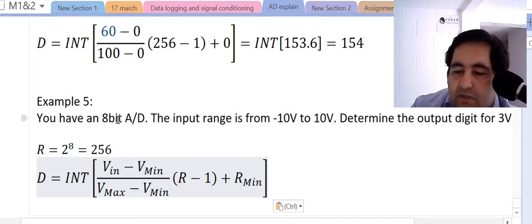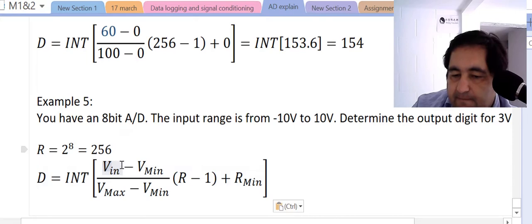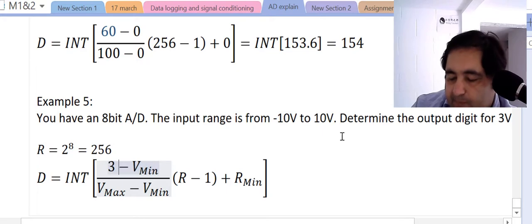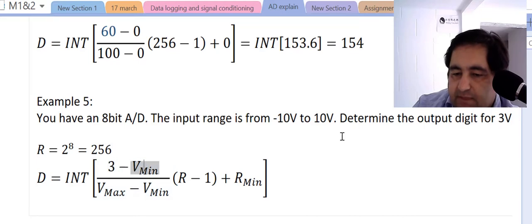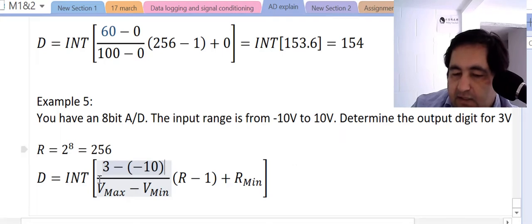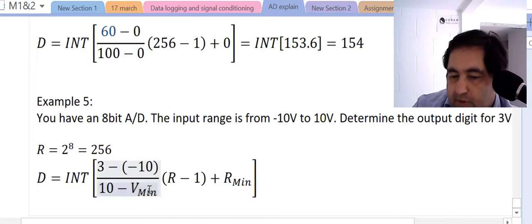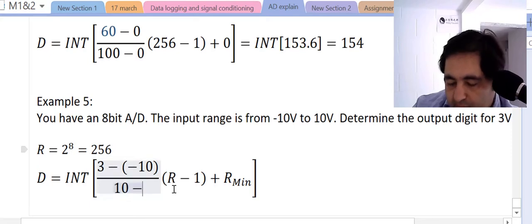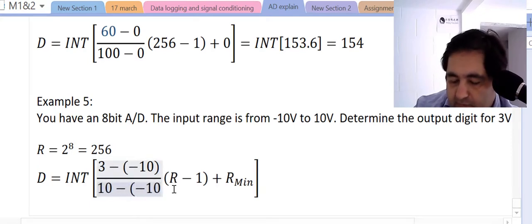Okay, so then Vn is 3 volt. So 3 volt, I change it with 3. Vmin, the minimum voltage that is possible, is -10 volt, and underneath Vmax is 10 volt, positive 10 volt, and Vmin again is minus 10 volts.